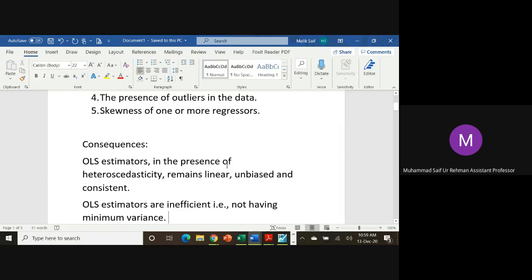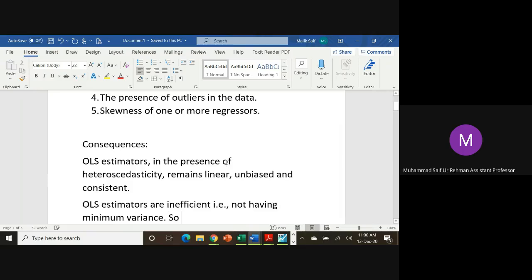As we know, the OLS estimators are BLUE: best, linear, unbiased, and efficient. In this case, if there is heteroscedasticity, they are unbiased and consistent, but they become inefficient, and if they become inefficient, then they are no longer BLUE.